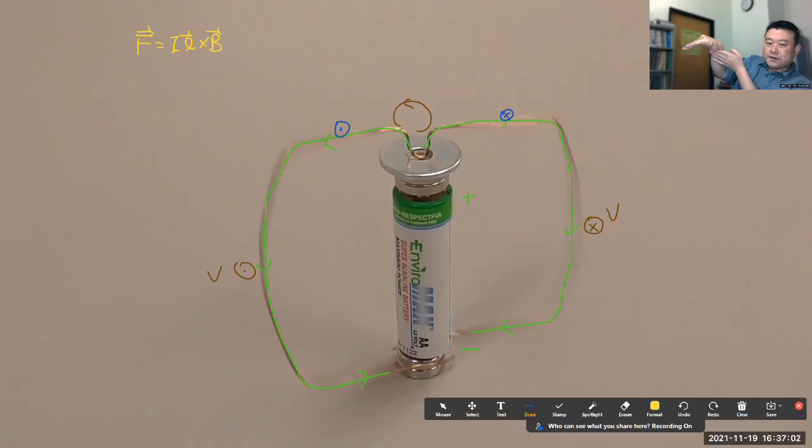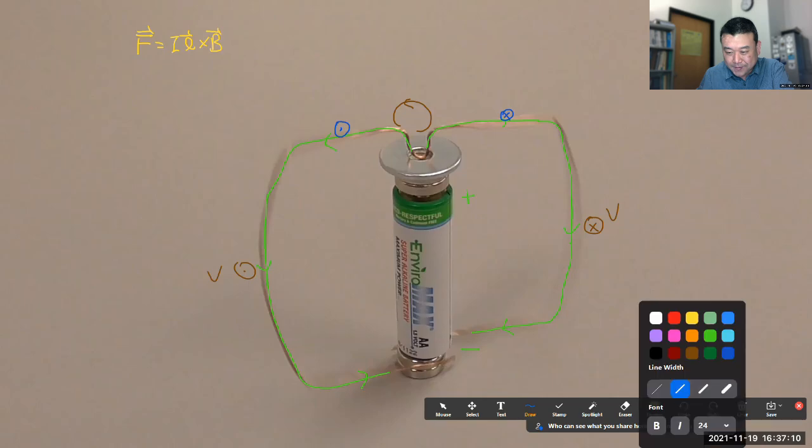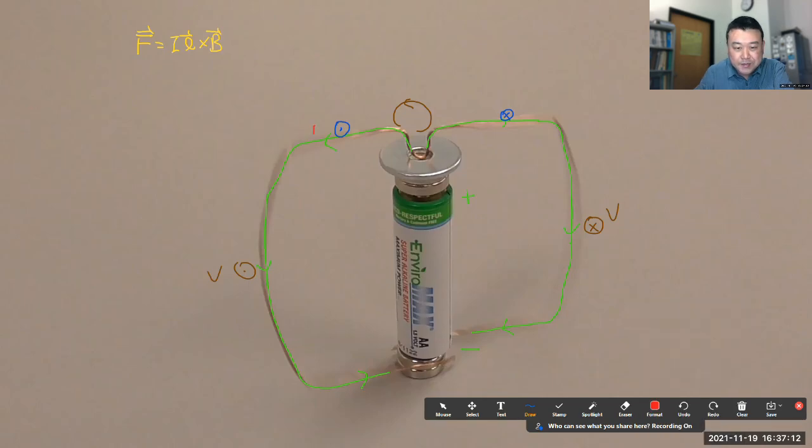Force that way. So I want my magnetic field to be pointing downward. So if my magnetic field here is mostly pointing downward, let me just make sure that it makes sense. Yeah. Okay. So I want the magnetic field in this region to be pointing downward.